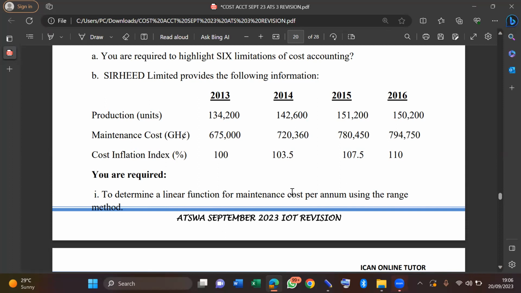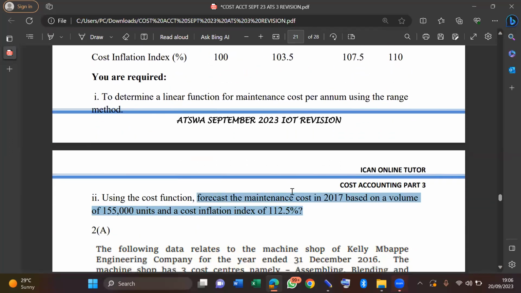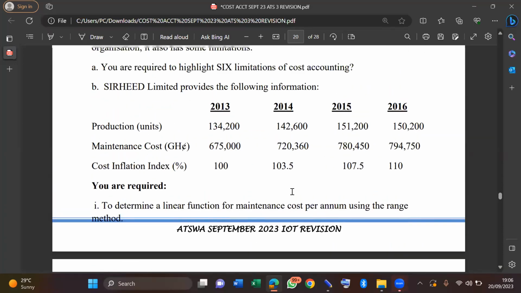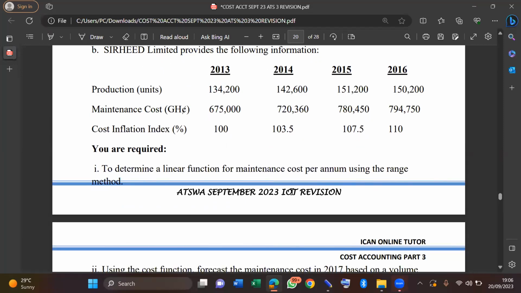How can we determine our linear function? And also, using the inflation cost, how can we forecast the maintenance cost for 2017? They gave it to us up to 2016. How can we have it for 2017?